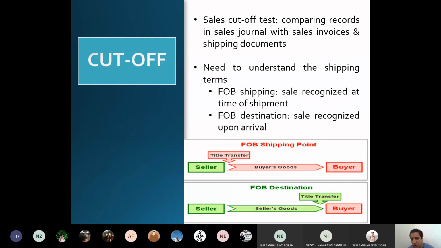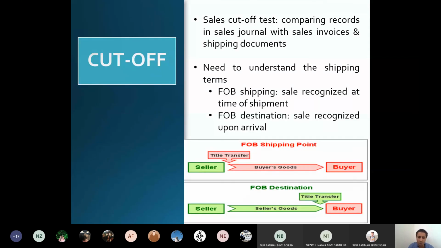If FOB shipping, then the sales revenue can be recognized at the time of shipment. But if it is FOB destination, then we need to wait until it is received by the customer. Then the sales can be recognized upon arrival at the customer.